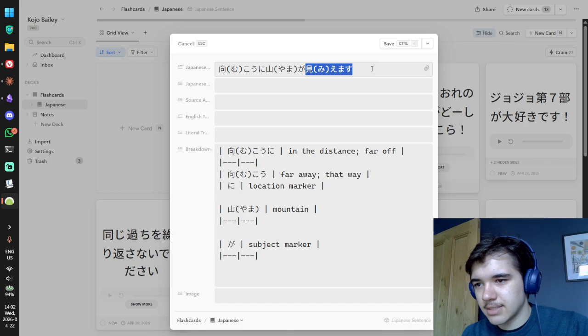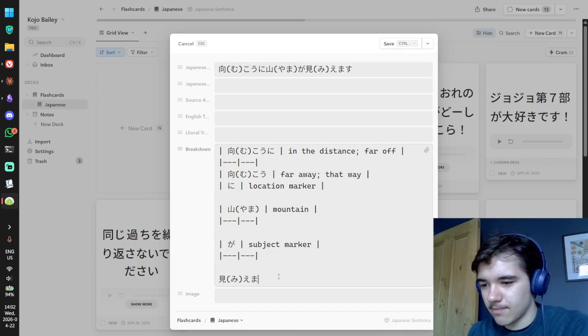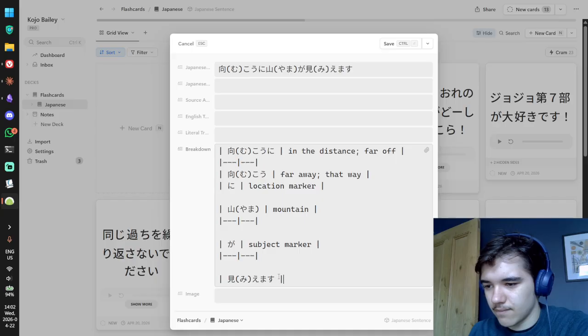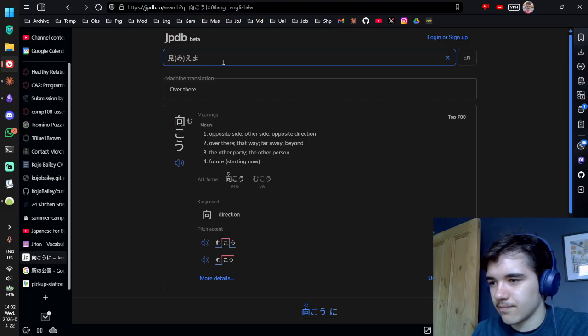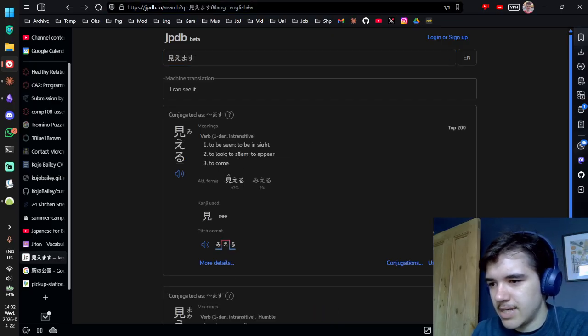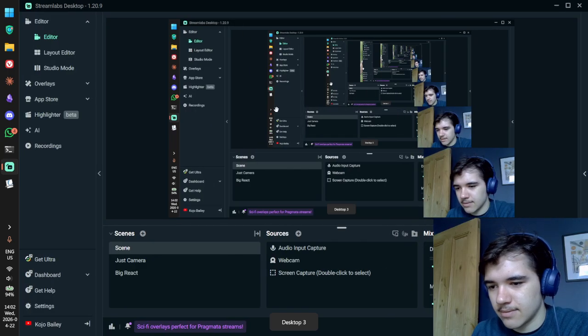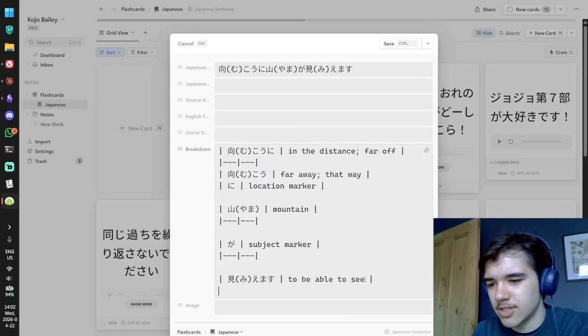And then miemasu is to be able to see. Mieru. To be seen, to be in sight. Yeah. No, I said to be able to see. Is to be seen.